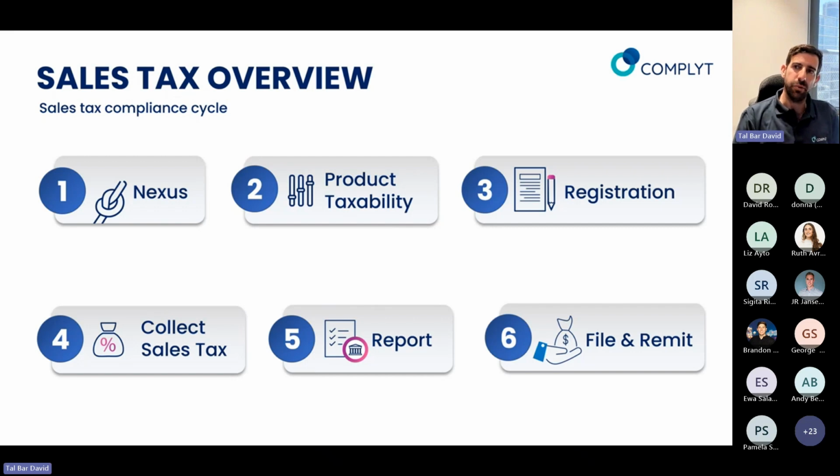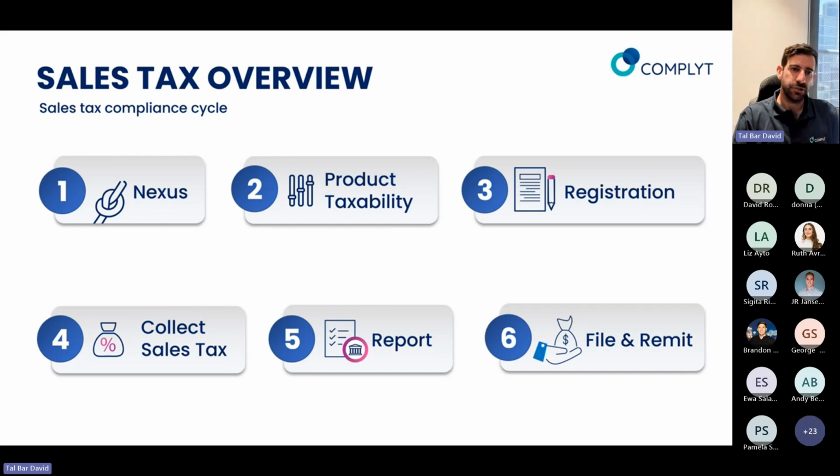Then upon the registration, the state will tell you what filing frequency they want from you. It can be monthly, quarterly, semi-annual, and even annually. It can also be changed during your operation. If you started as a quarterly filer, but then eventually your activity has increased, they might want to change your frequency to monthly, and the other way around.